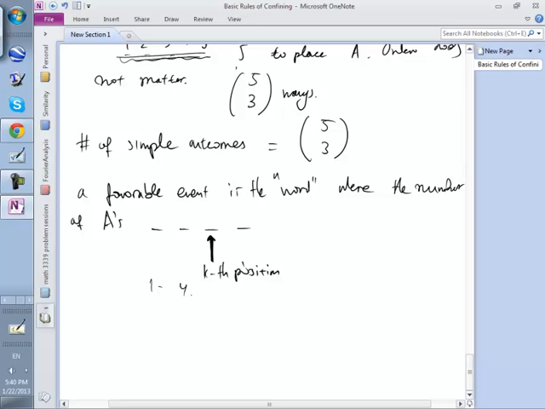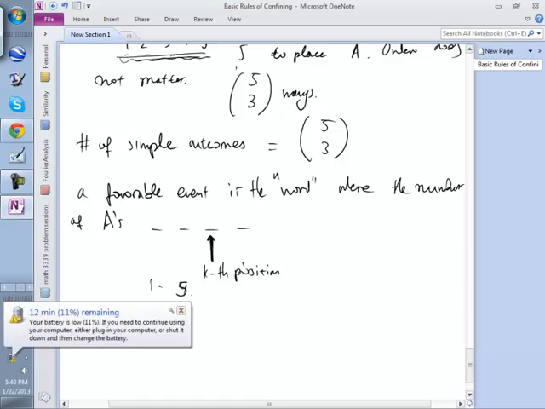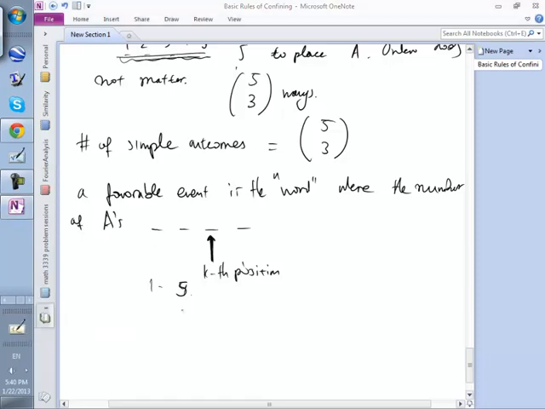Even up to 5, yes, because we can have A, B. So from positions 1 through 5, all the A's should supersede the number of B's that we have. Therefore, the 5th position will happen anyway.